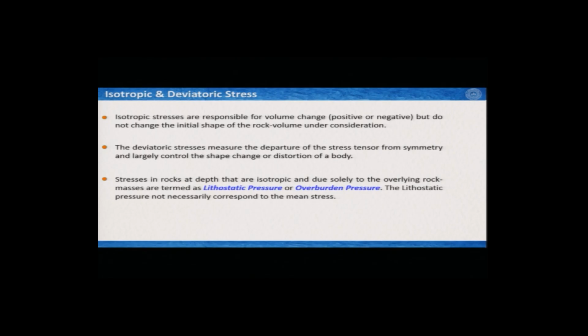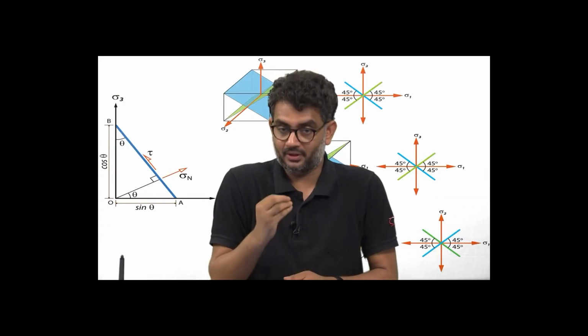Now, sometimes we use a few different terms like lithostatic pressure or overburden pressure. These are stresses in rocks at depth that are isotropic and due solely to the overlying rock masses. That means, if I am at 600 kilometers, then I have a huge 600 kilometer pile of rocks above me, or above the grain we are looking at.